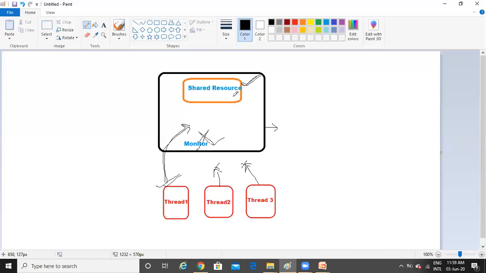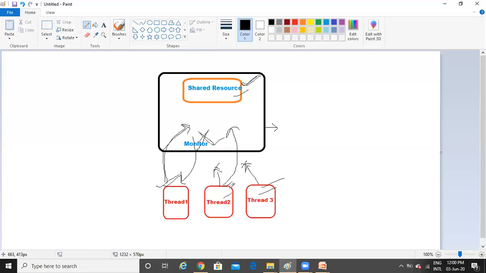After thread 1 finishes using the shared resource, it will come out of the monitor and thereby unlock the monitor, right? Once the monitor is unlocked, any other waiting thread, here thread 2 and thread 3 both waiting to enter the monitor, any one of them will be given a chance to enter the monitor.